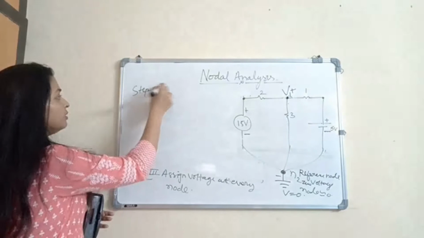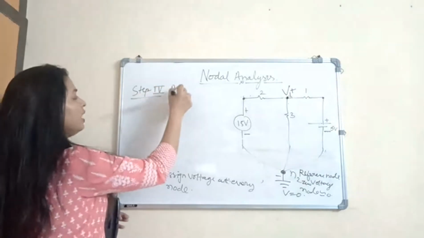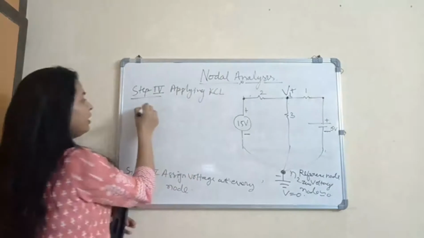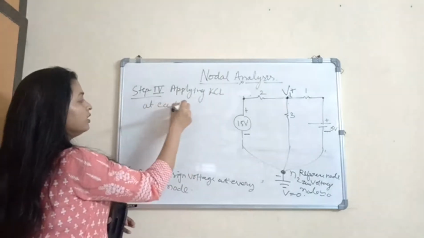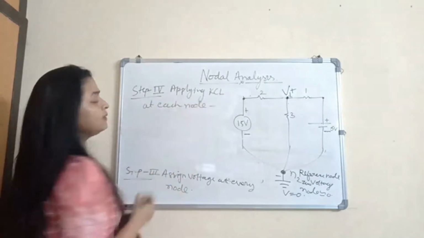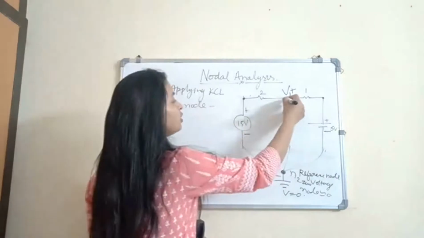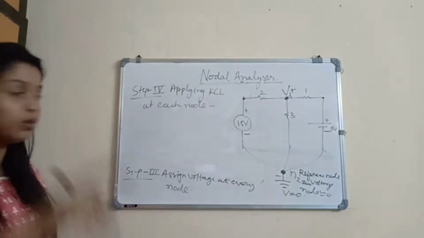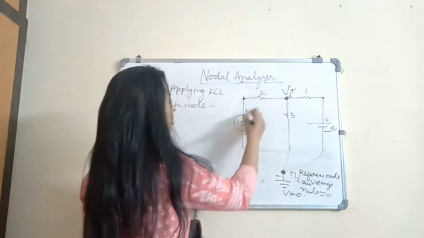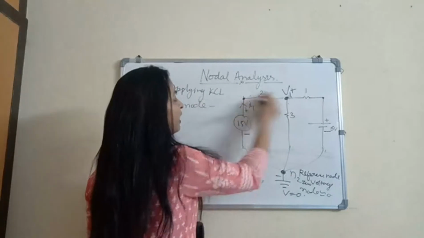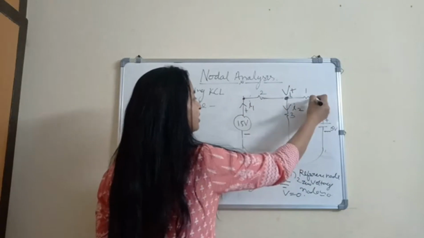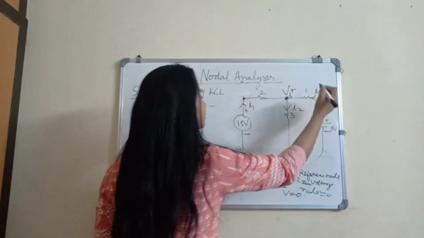Step number 4: now applying Kirchhoff's current law at each node. How can I apply it at each node? To apply this KCL, first I need to assume the flow of current. So let's take I1 flowing this way, entering into this node, I2 leaving from this, and I3 you can see the direction, let's take this.